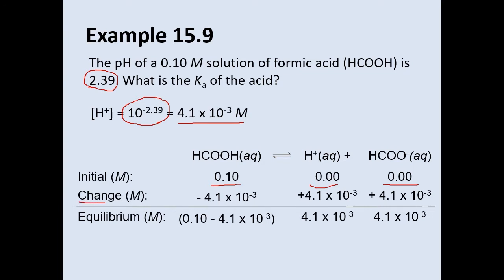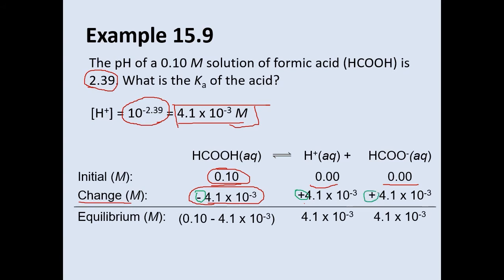But when it changed, this amount of hydrogen ion was produced, and if it was produced, it must have been produced from here. So it will be deducted from the original concentration of the solution. That is why it is a negative sign here. But the ions get produced, so we put a positive sign.